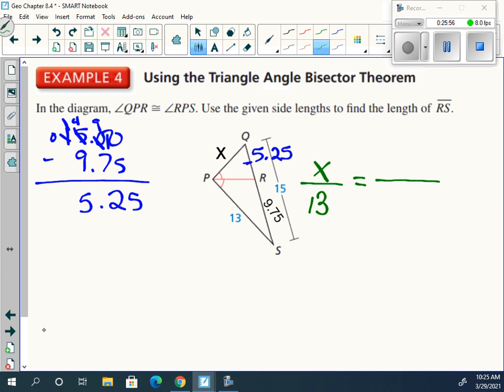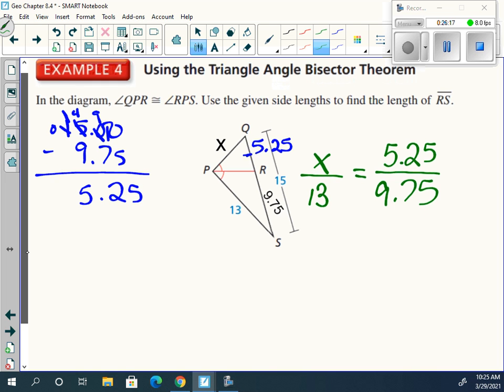Now the other two sides would be what? Over 9.75. Because then we'd have the two sides split. Since x went first, the top part of the triangle, the side that connected to it, the 5.25, would go on top, because they will go together.